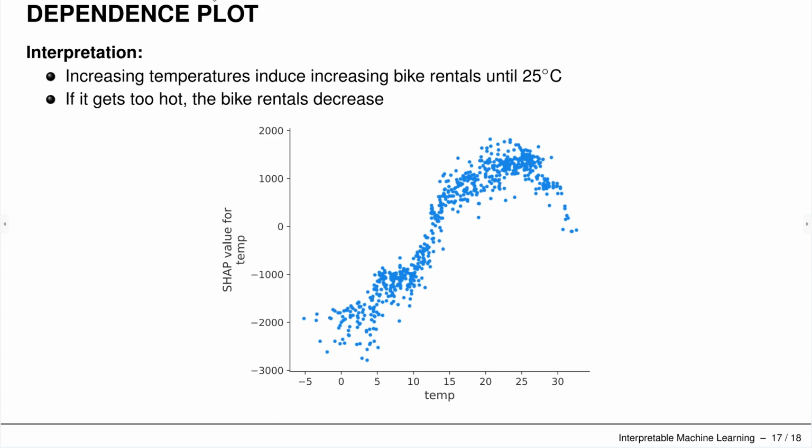The effect of the temperature is positive for large values of temperature, but if it gets too hot, the bike rentals decrease. But we still have a positive effect compared to the very low temperatures. It's a little bit smaller than for the high but not too hot ones.